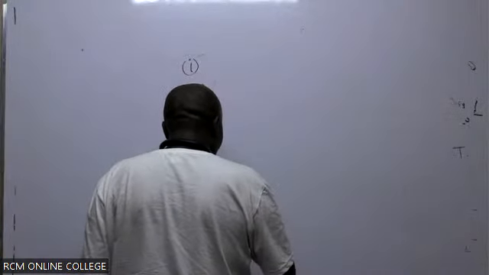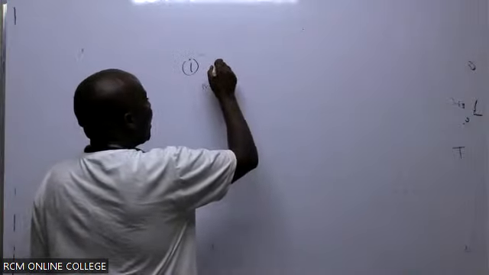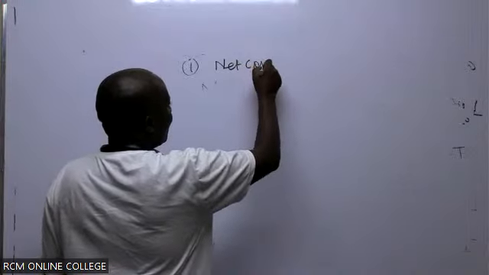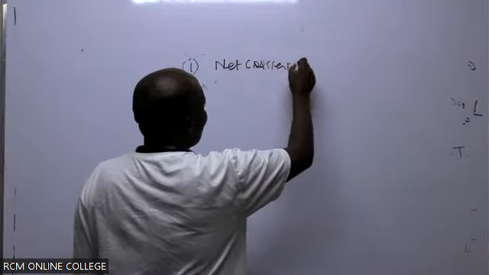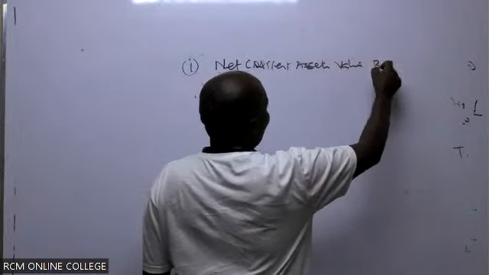The other one that he keeps on using in the solutions is what we call net current assets value.